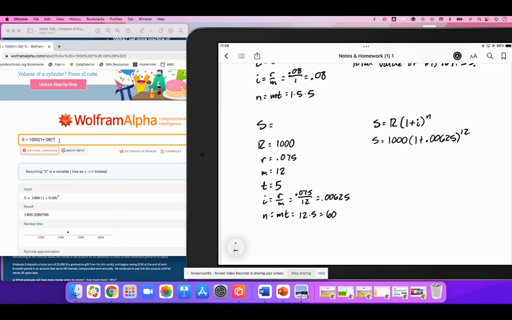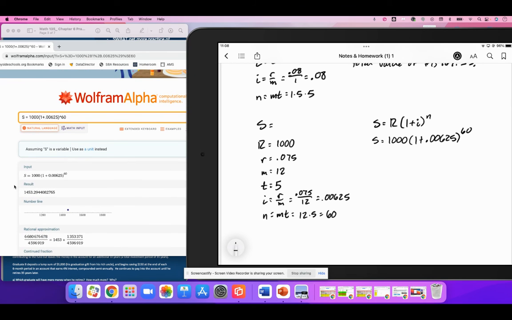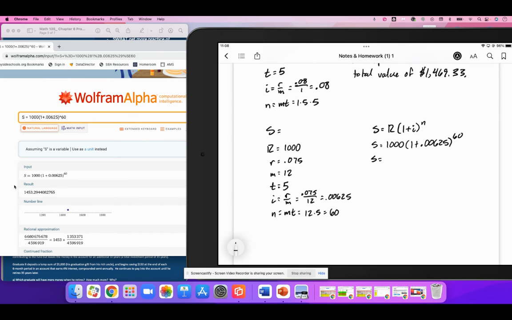And let's see what we end up with here. 1,453.29. So S equals $1,453.29.